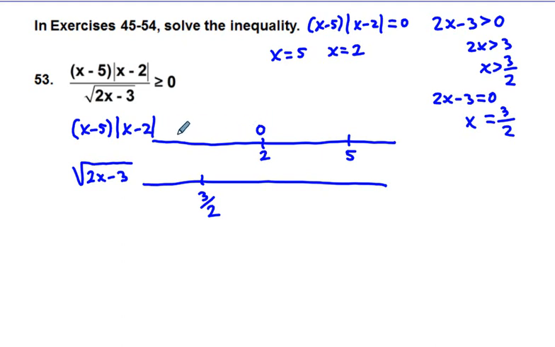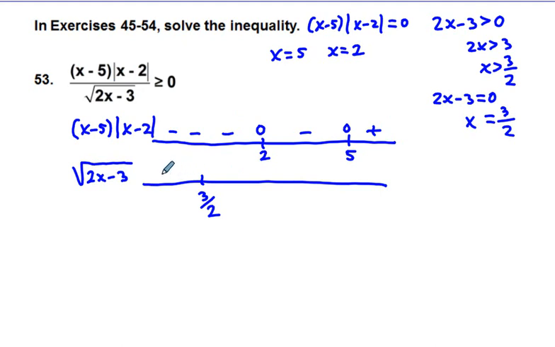So we're going to have a negative, negative, negative. To the right of 2, x minus 5 is still going to be negative, and at 5 the expression will have a value of 0, and then greater than 5 will have a positive times a positive.